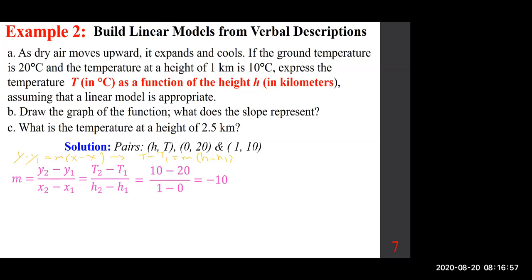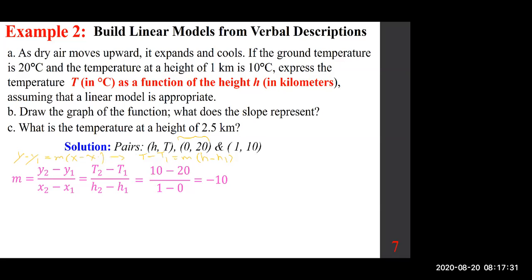However, if you look at this question, you notice that one of the pairs is the y-intercept, okay? Or in this case, the t-intercept 0, comma 20. So let me make sure we understand what I'm referring to. Look at this pair. Therefore, instead of using the point slope, you can take the easy way out. Y equals mx plus b. Let me write it up here.